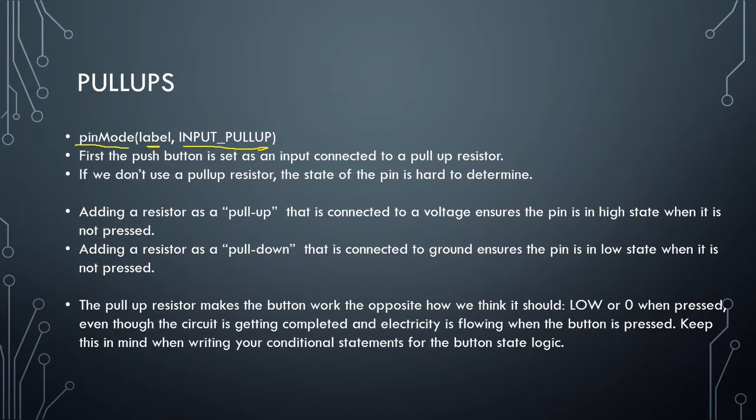We would think of that as low. But because we're using an input pull-up, it actually flip-flops these high and low assignments for our push button. So when you're not pressing it, it will be sending a high signal, and when you do press it, it will send a low signal. So when you're programming your push button, just keep that in mind. It's a little bit counterintuitive, just because we're using the input pull-up to act as our filter.